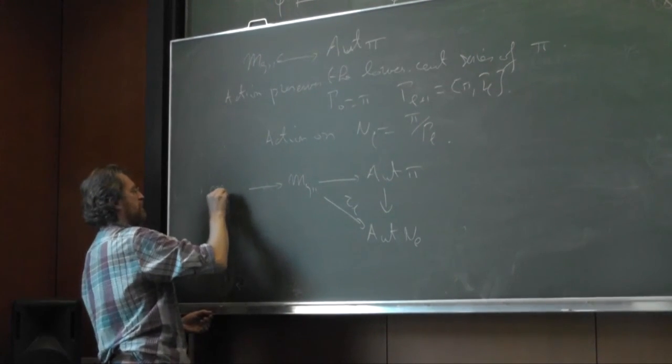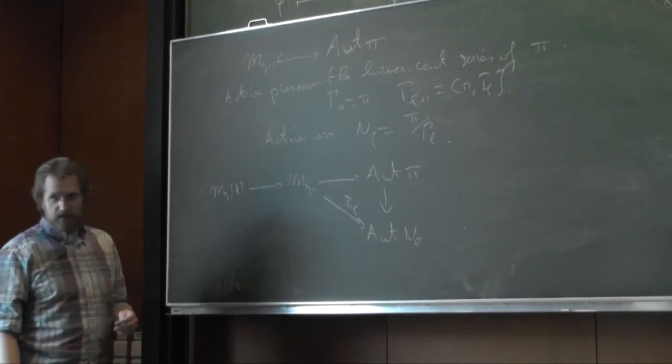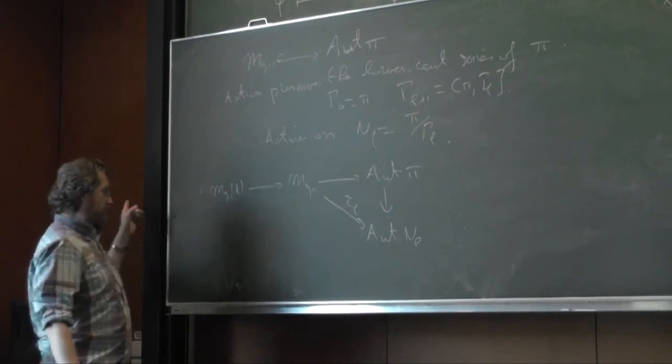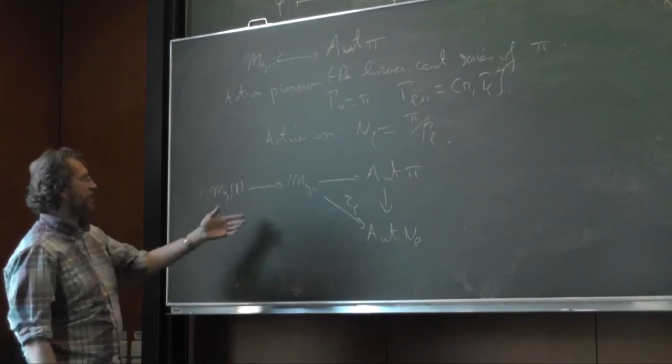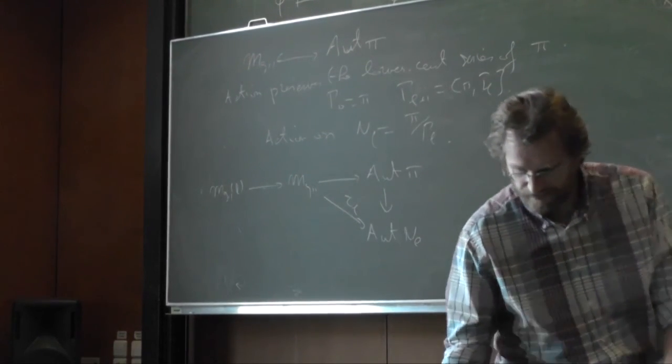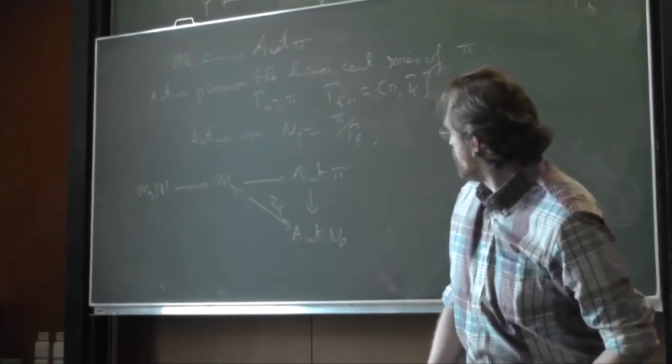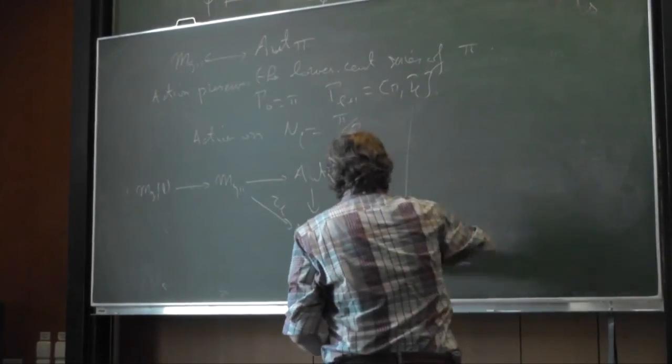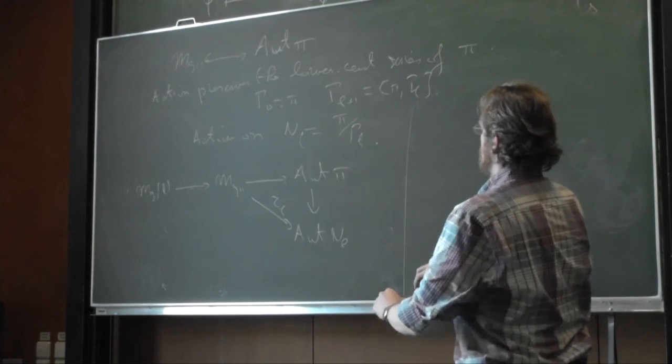And this builds me a descending filtration of MG,1 that is separated. The intersection of all these groups is trivial. And I have a bunch of guys that have kind of nicknames here.